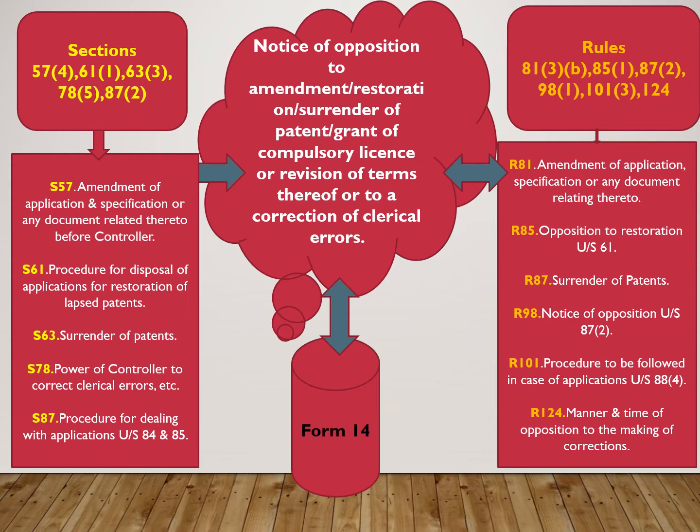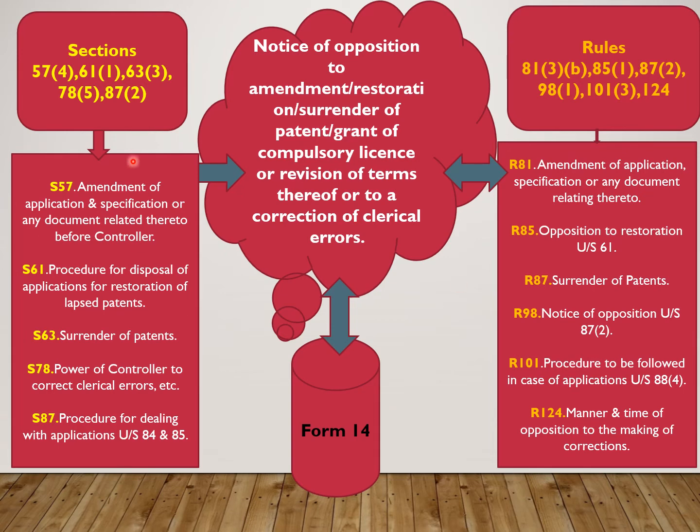The title is a lengthy one. The related sections and rules are also numerous. The related sections are 57, 61, 63, 78 and 87, and the related rules are 81, 85, 87, 98, 101 and 124.